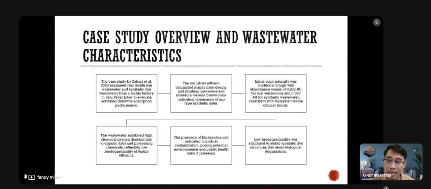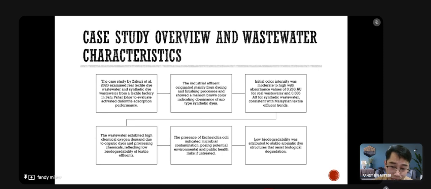So now let's take a look about the case study overview and wastewater characteristic. Okay, so this is overview of the selected case study and the general characteristic of textile wastewater. So if we take a look at this slide, we can see that the textile wastewater is typically characterized by high color intensity and high pollutant concentration, so making the treatment very challenging.